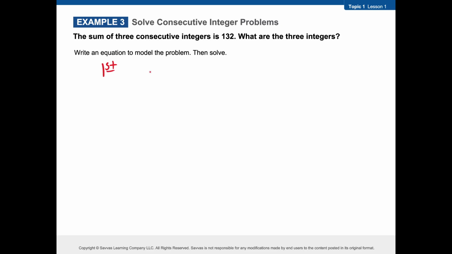So I'm adding three consecutive integers. My first integer plus my second integer plus my third integer has to equal 132. Well, I don't know anything about my first integer, so my first integer is going to be my variable.